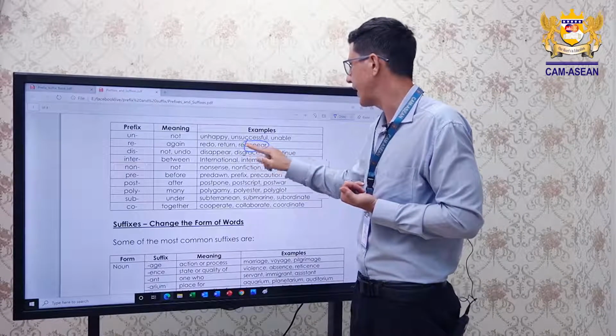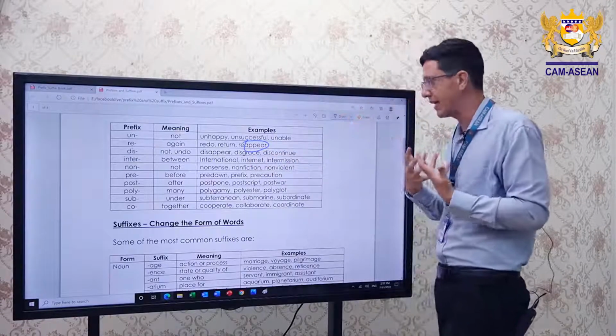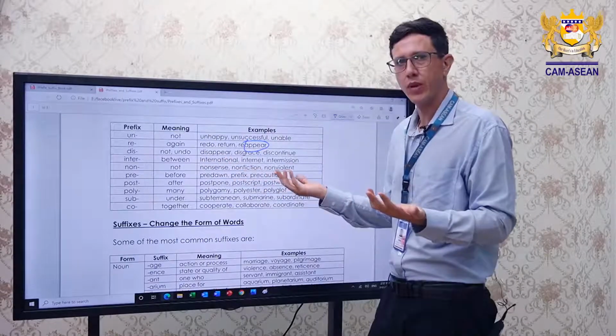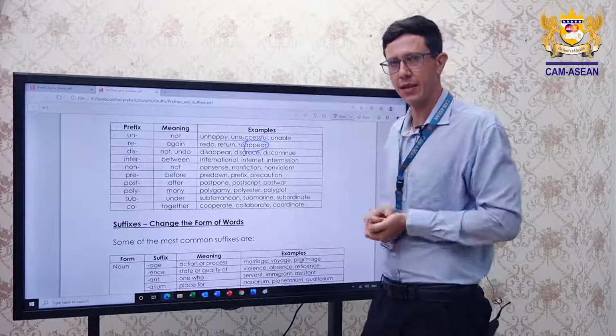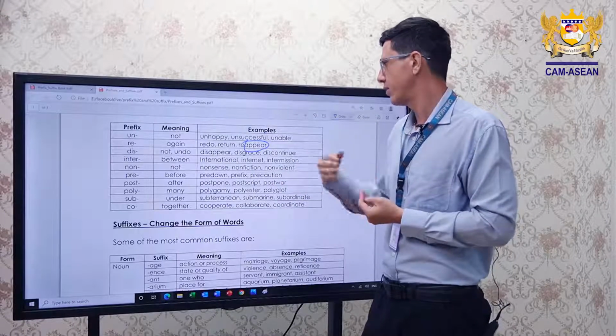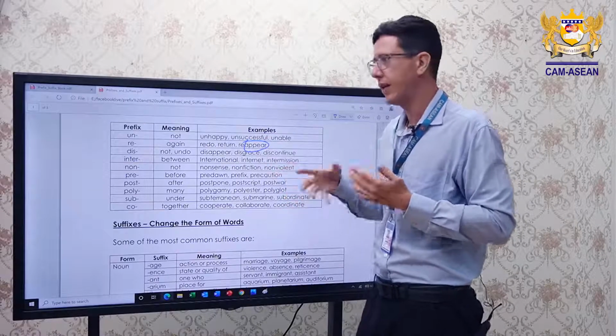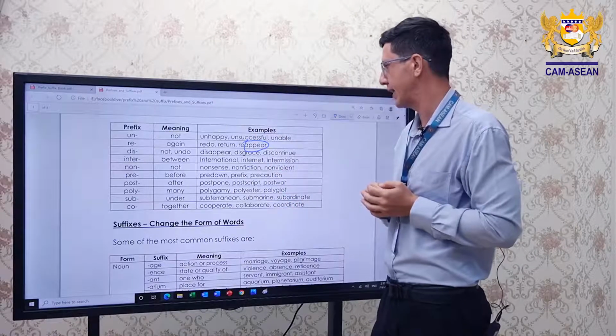It has a root word, there's a meaning. Appear means show, most specifically, show myself. So I reappear, I show again, I show myself again.